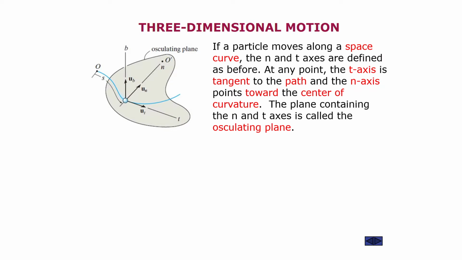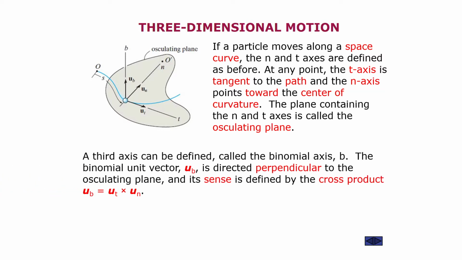If a particle moves along a space curve and the n and t axes are defined as before, that is a single plane with the axes n and t, which is 2D. At any point the t-axis is tangent to the path of the motion, and the n-axis is always towards the center of curvature. The plane containing the n and t axes is called the osculating plane. That is one plane only.